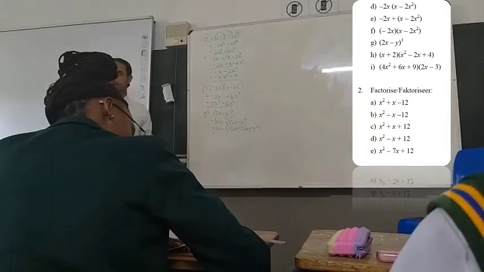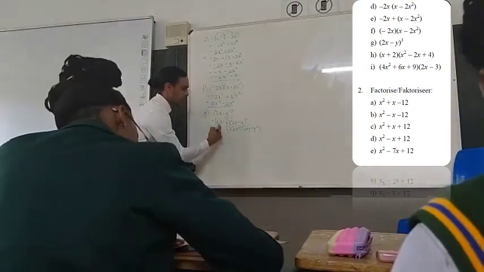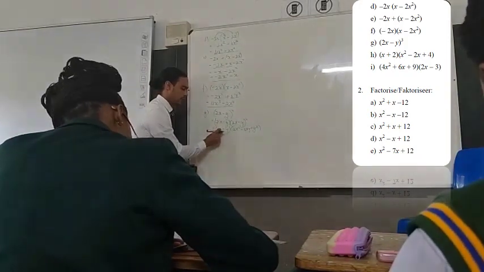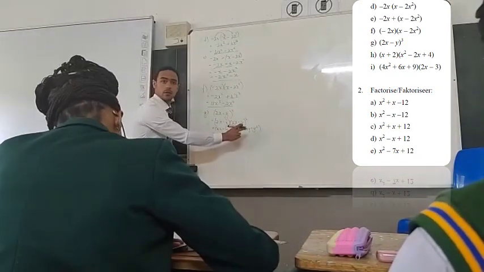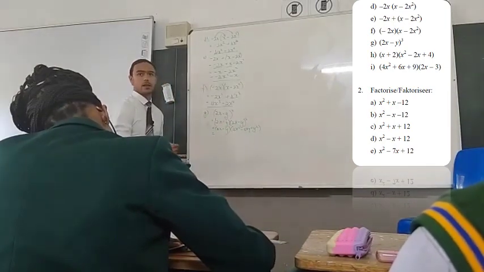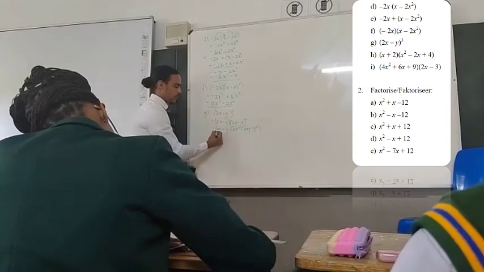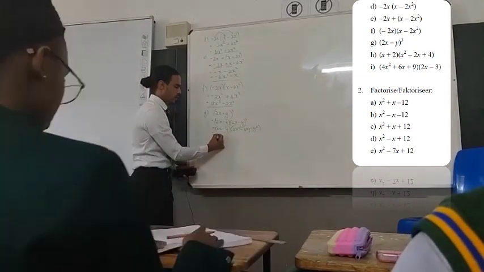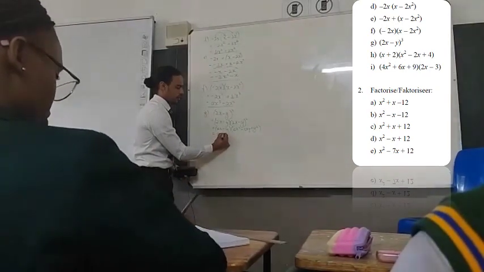So please, now what we can do, we can distribute. So if we distribute now, I'm going to distribute this first term over all of these 3 terms, and then the y over all of these 3 terms. I need your help there. So let's do that together. So that's going to be 2x times 4x squared, which is 8x cubed.